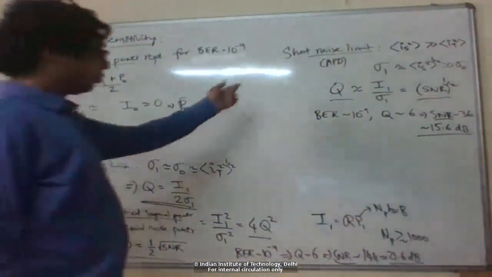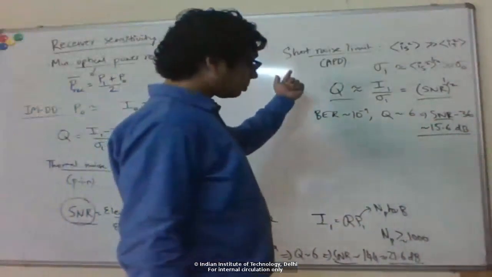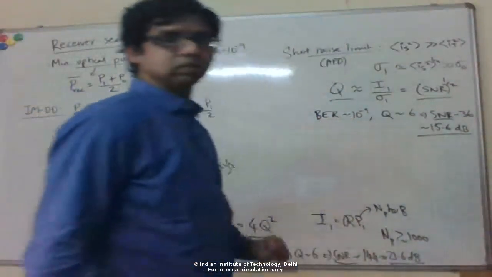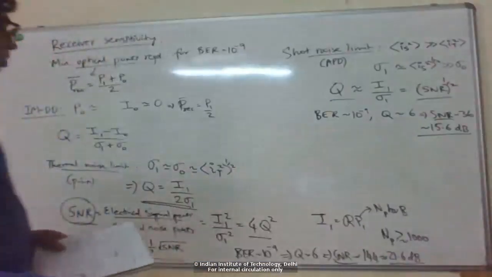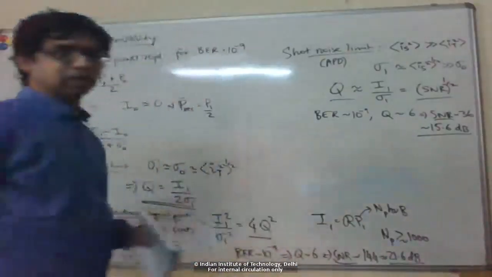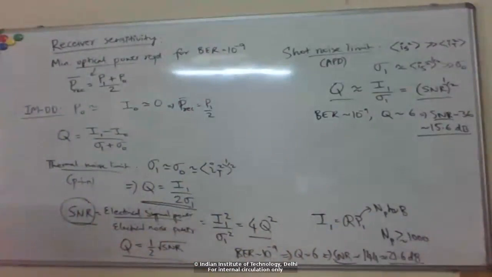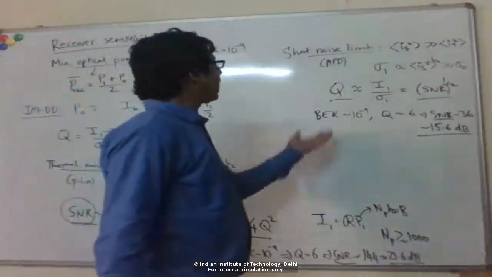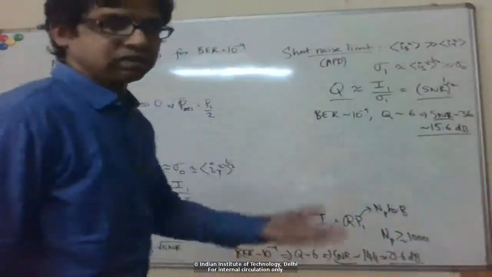So you can see that if you were in the shot noise limit, you could achieve the same bit error rate with a slightly lower SNR, compared to if you were in the thermal noise limit.